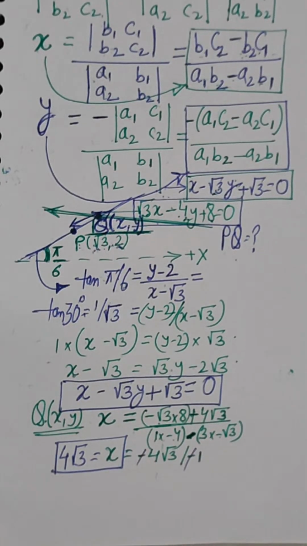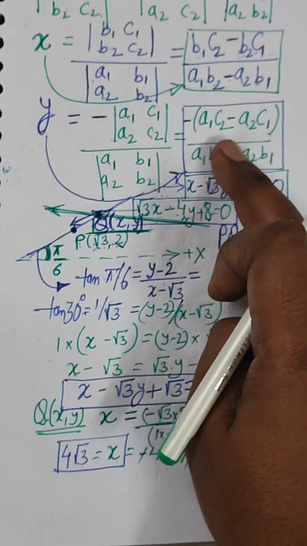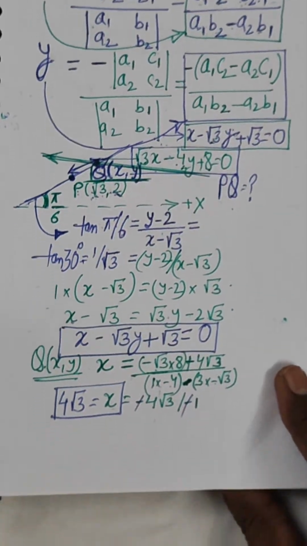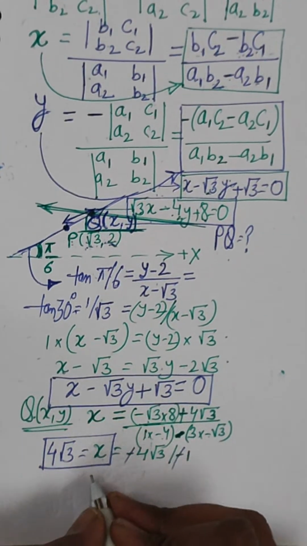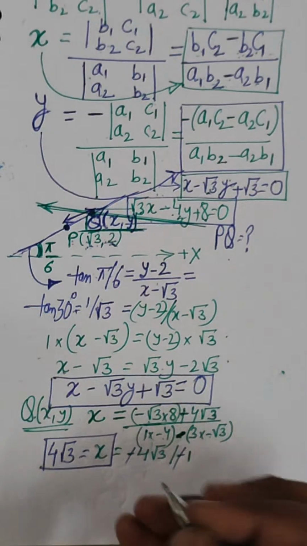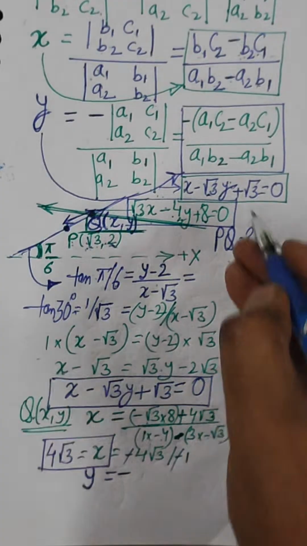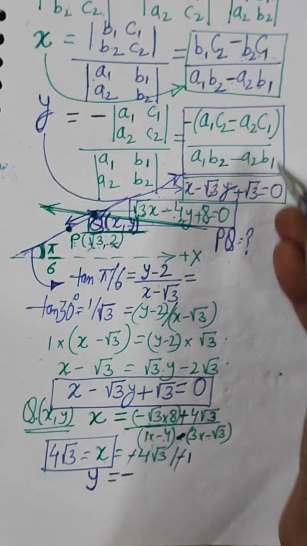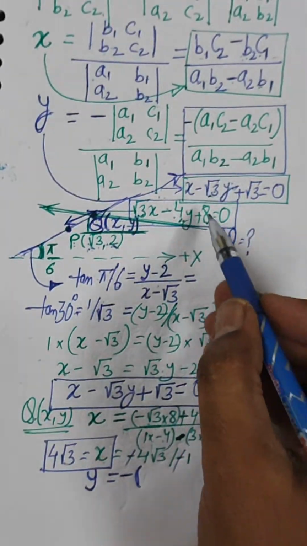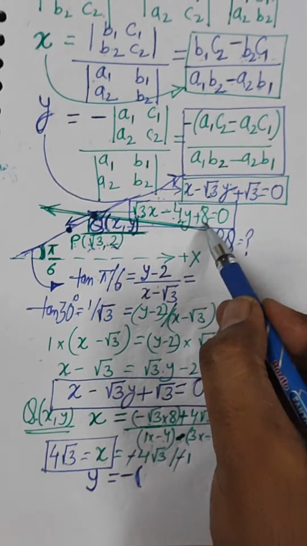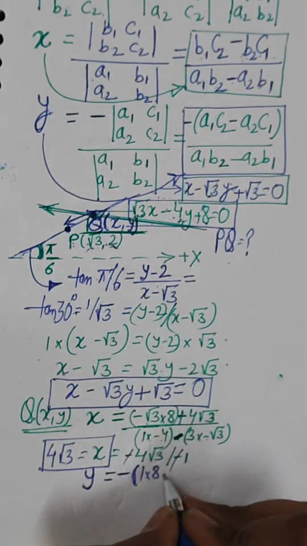Now similarly, you find the value of y using the same relation. The value of y can be identified. Let me write it over here. Y is a1c2 minus a2c1. What is a1? a1 is 1, c2 is 8. So this is 1 into 8, a1c2, minus a2c1.